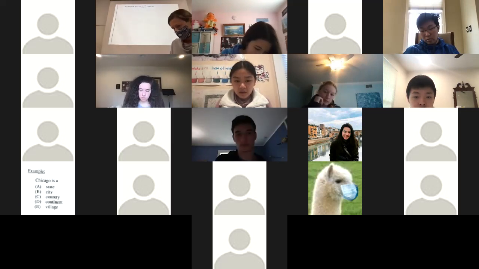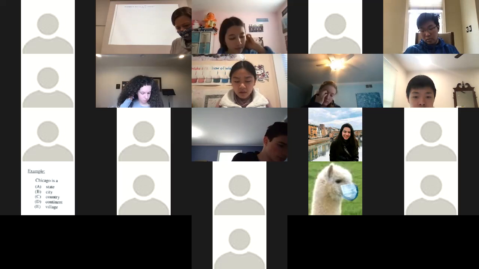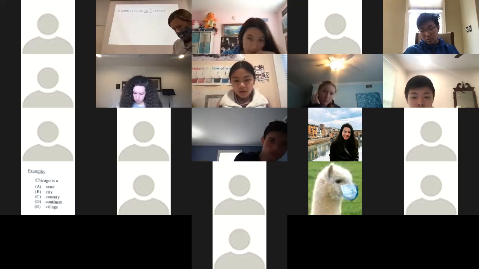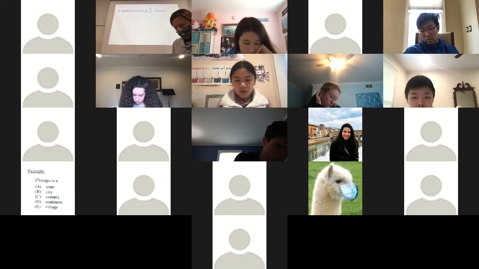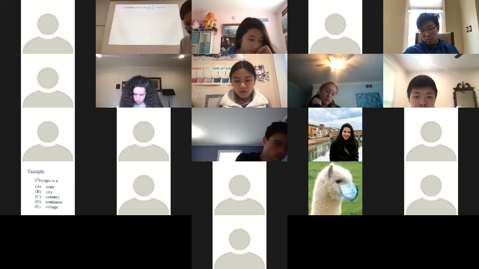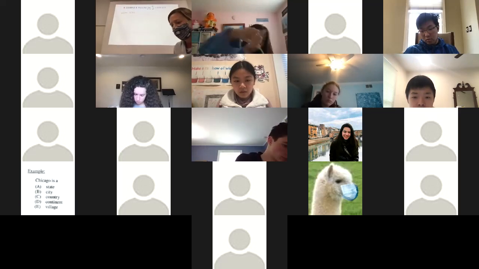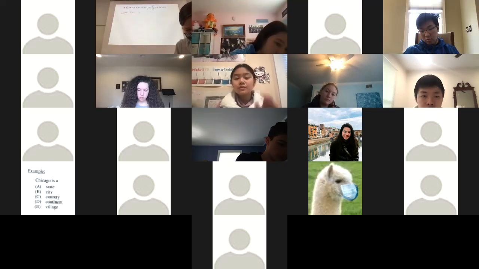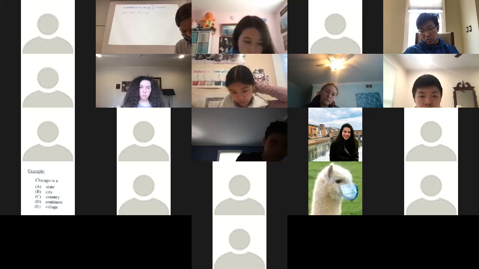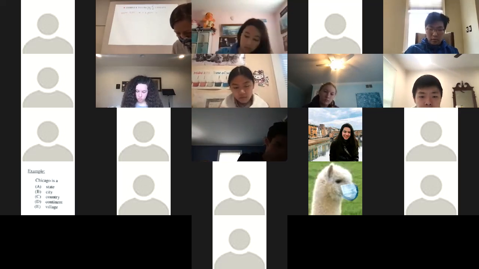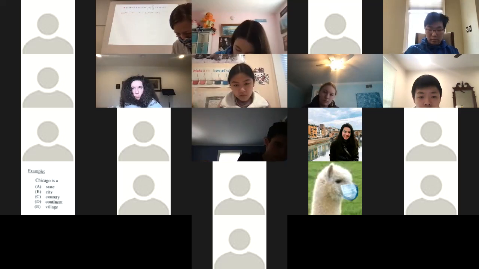So this one, proving that the limit as n approaches infinity of r to the n over n factorial equals 0 for all r's. For the sake of this proof, we're going to assume that r is positive. And we're going to call m a positive integer, capital M. We're just introducing these values to have some basis for our proof here.